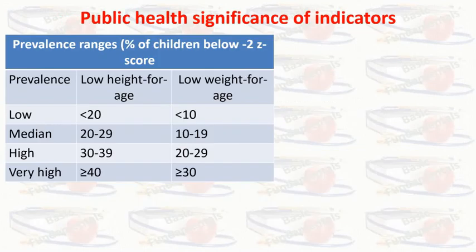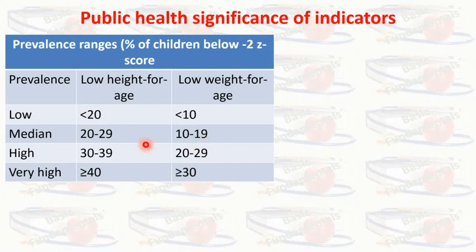So what is the public health significance of these indicators? Levels of stunting and underweight are considered a public health concern when they reach above 20% and 10%. Above 20% for stunting and above 10% for underweight in a population.